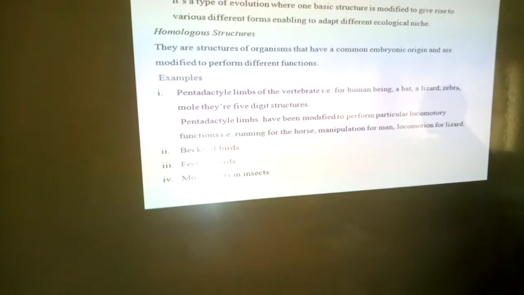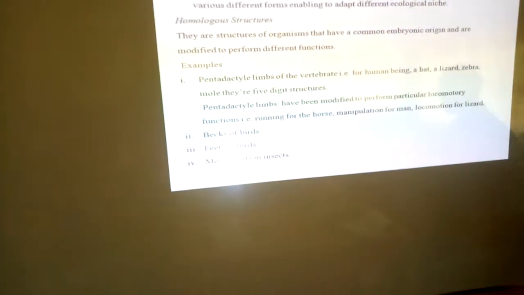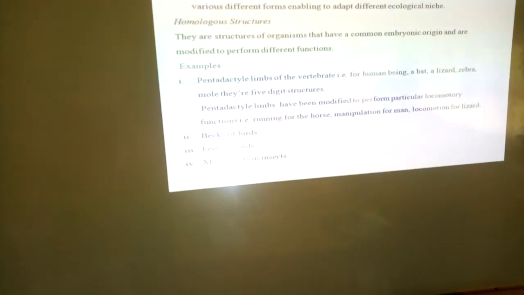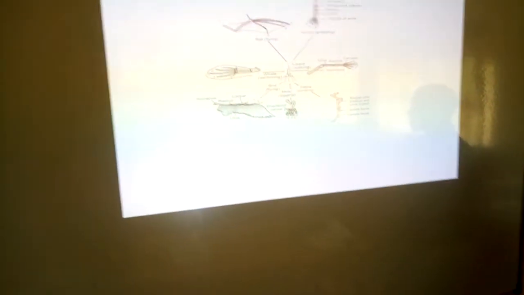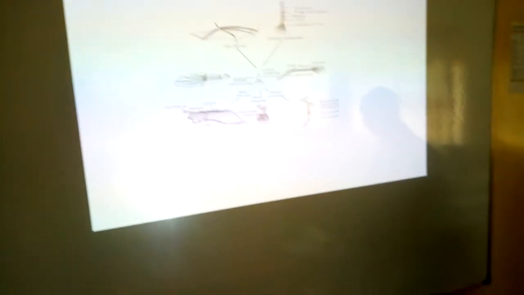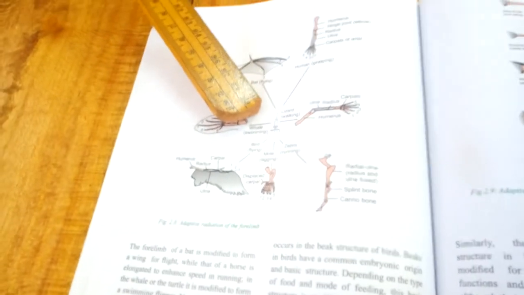Examples of homologous structure. Example number 1, pentadactyl limbs. Pentadactyl limbs. Penta means 5.